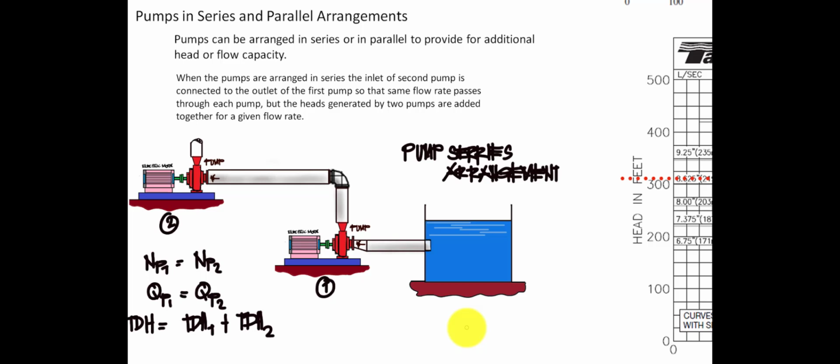So we have the type of pump wherein you have multi-series of blades inside your pump, and you have the same motor. So you also have the same RPM, but you have a series of pump impeller arrangement in order for you to have a higher total dynamic head or a higher pressure discharge.